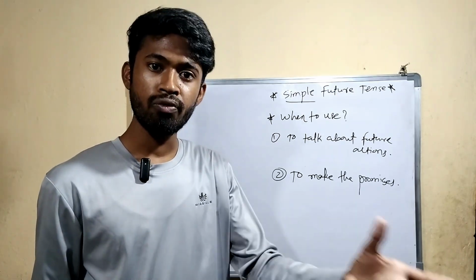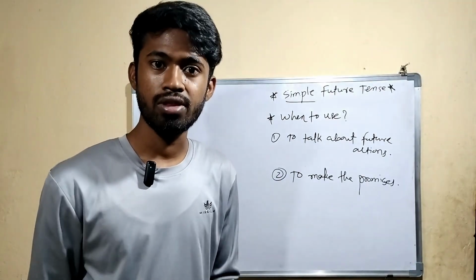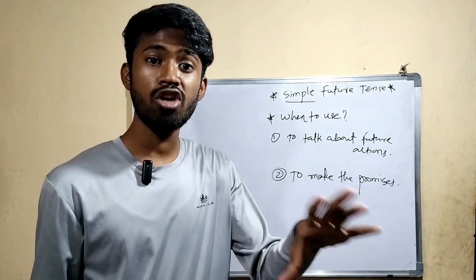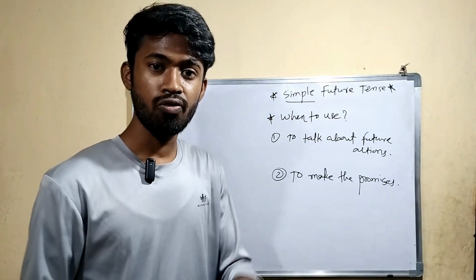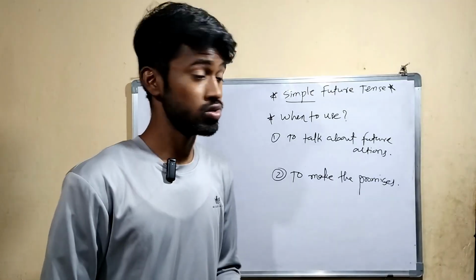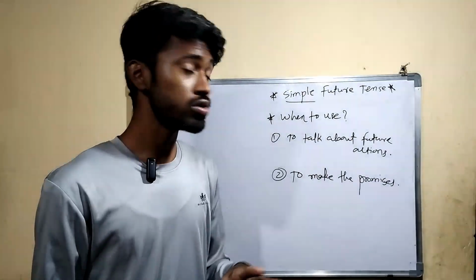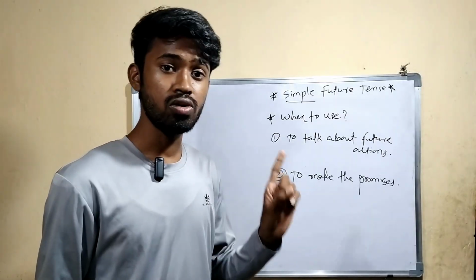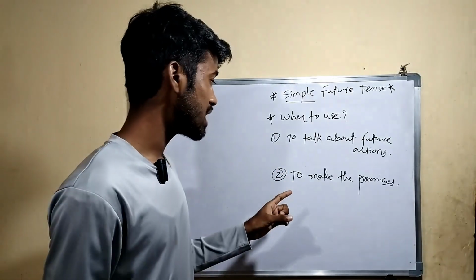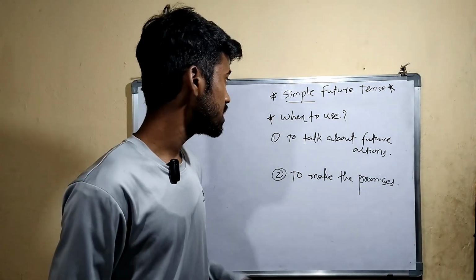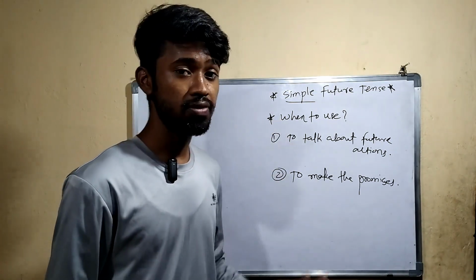I will help you with your homework, please come with me now. This is the promise you are making to your friend. Which tense are you using here? You are using simple future tense. So here you understood when to use simple future tense: first, to talk about future actions, and second, to make promises. These are the uses of simple future tense.